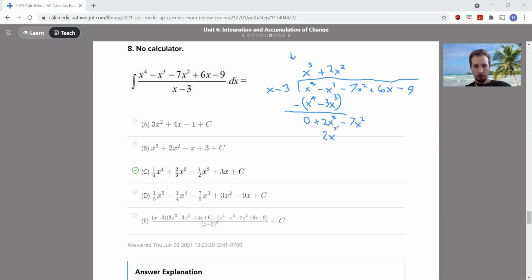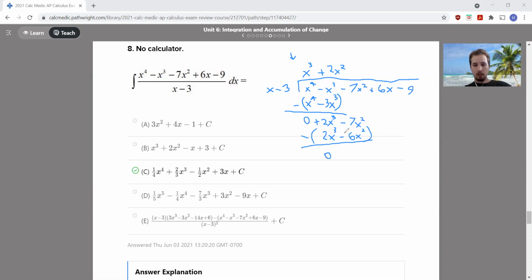If not, you did something wrong. 2x squared times negative 3 is going to be negative 6x squared, and we're going to subtract this.